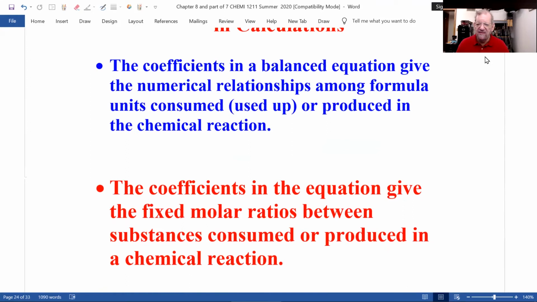Again, notice I've repeated, the coefficients in a balanced chemical equation give you the molar ratios between the reactants and products. Let's take a look at what that really means.